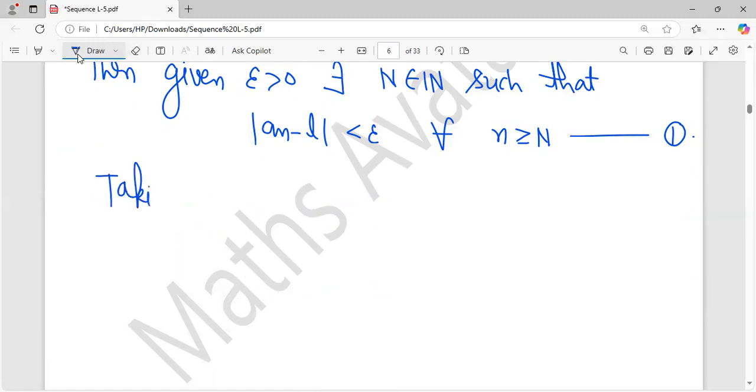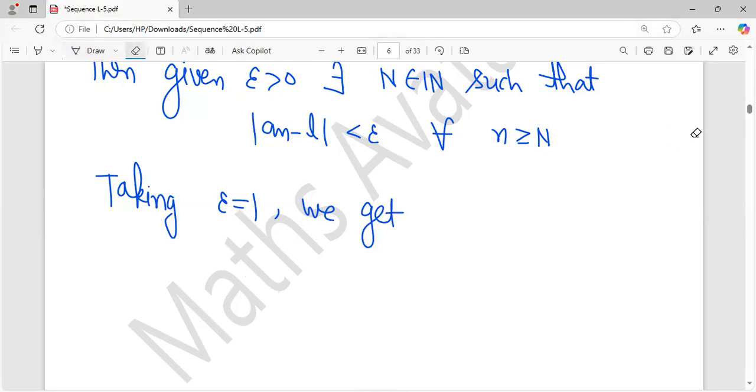Taking epsilon equal to 1, we get |an - L| < 1 for all n greater than capital N.